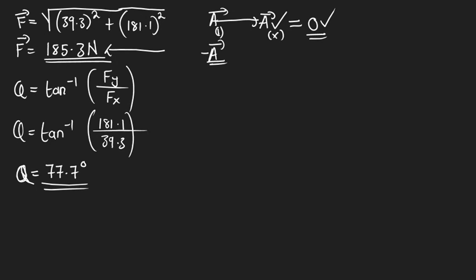So in order for us to get a resultant of 0, we'll need to get a force which is going to be equivalent to our final resultant force, but in the opposite direction. So the force that would be needed in order to make this particular force equivalent to 0 is negative 185.3 newtons.